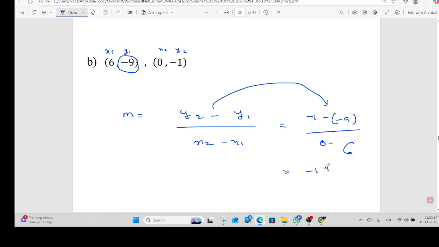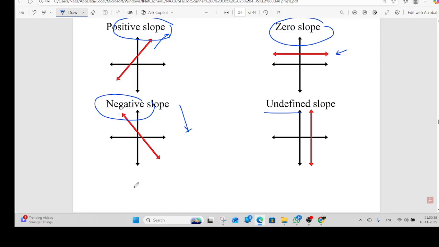So negative 1 plus 9 over negative 6, right? So this will become 8 over negative 6. So if we simplify this fraction, we get negative 4 over 3, right? My slope is negative, so the graph is going to be downward, right? We have seen the graph of negative slope looks like this, right?